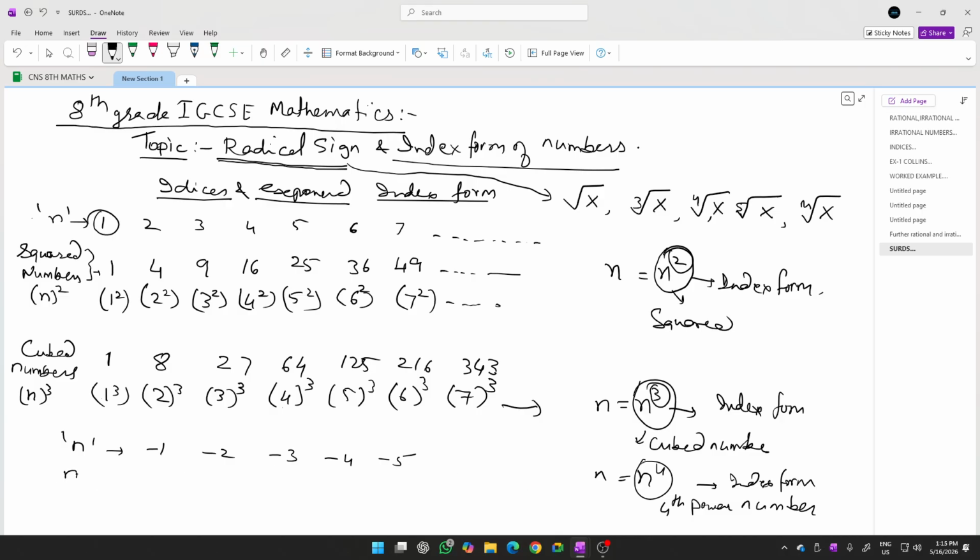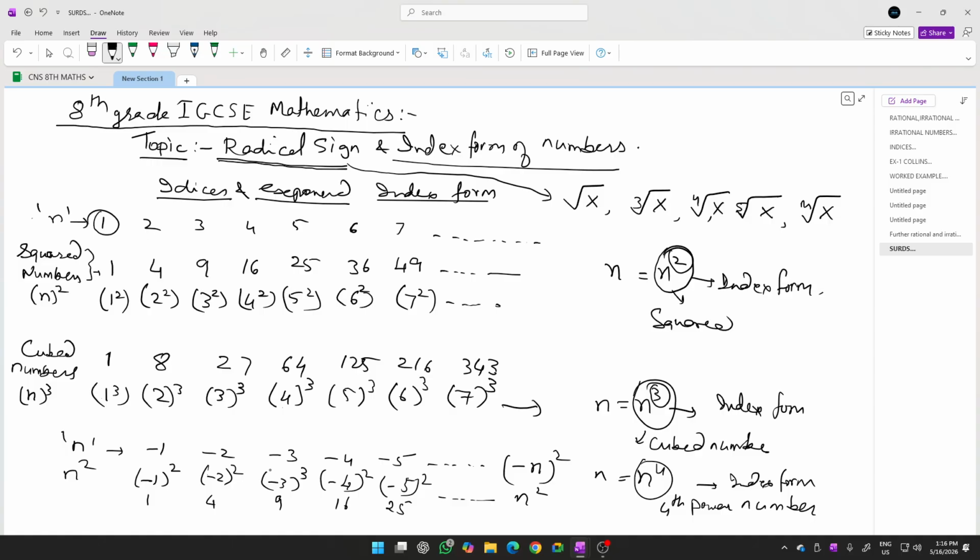Then n squared will be: (-1) squared, which is equal to 1, (-2) squared will be 4, (-3) squared will be 9, (-4) squared will be 16, and (-5) squared will be 25, and it goes on. So (-n) squared will be n squared.